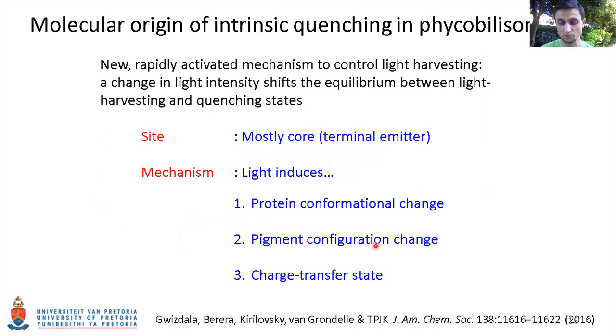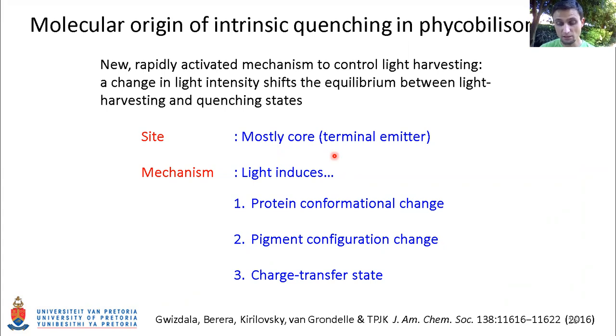So to summarize this first part of the talk, we have been able to resolve a new way, possibly used by nature, to control light harvesting. The principle is quite simple. A change in the light intensity shifts the equilibrium between light harvesting and thermal energy dissipative states. The site of the quencher is mostly in the core, but in principle, any subunit can be the site of quenching.